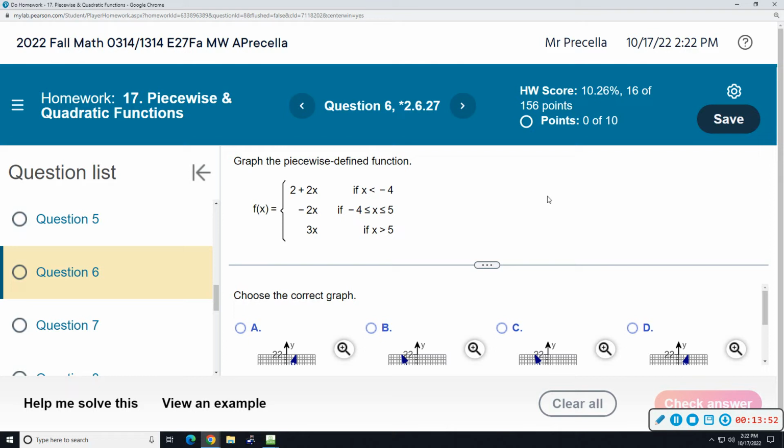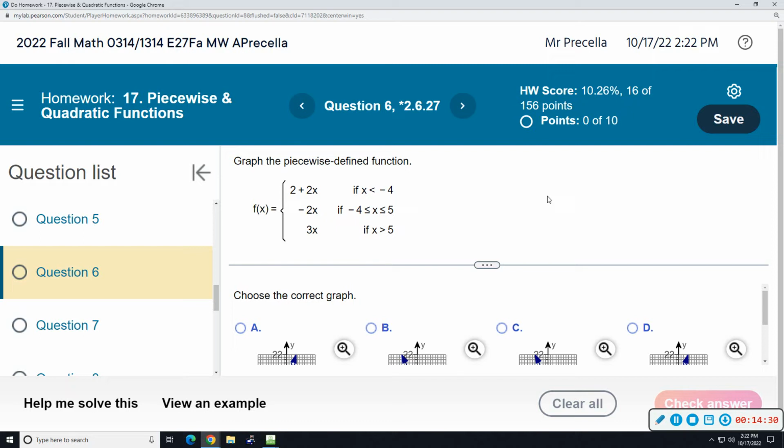f of x equals, I'm writing the problem down. We'll use 2 plus 2x if our x value is less than negative 4. We'll use the piece negative 2 times x if x is between negative 4 and positive 5, including positive 5.